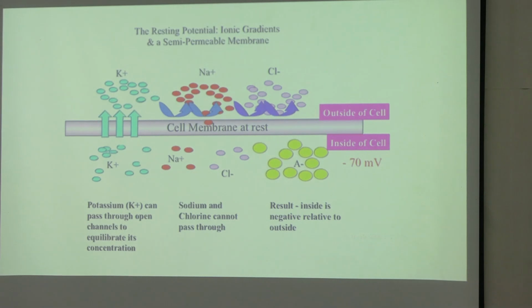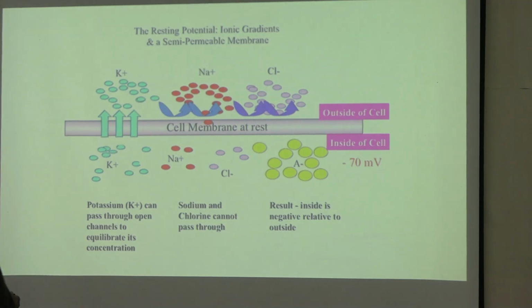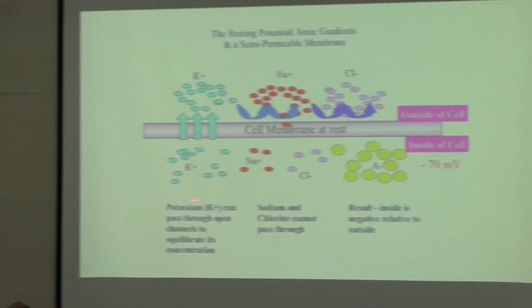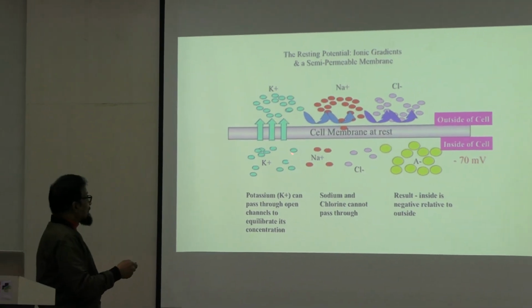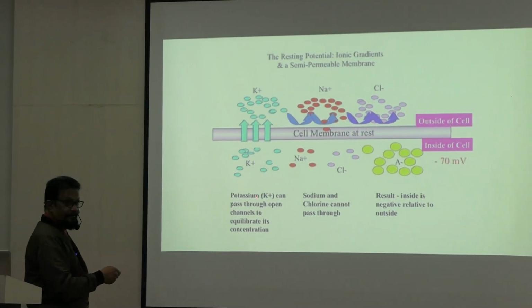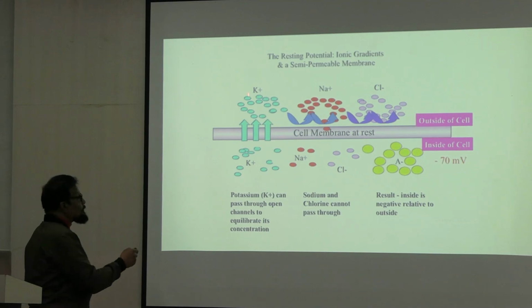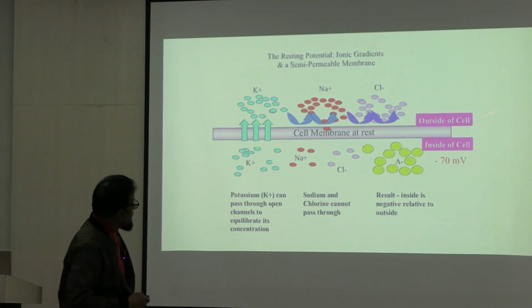Actually, this is the wrong picture. Potassium concentration is higher inside and less outside. This is inside, this is outside. So when the potassium ion finds scope, it will try to go out because of the concentration gradient.